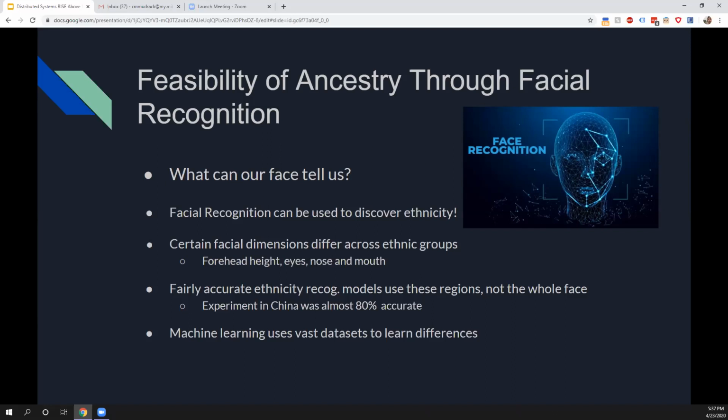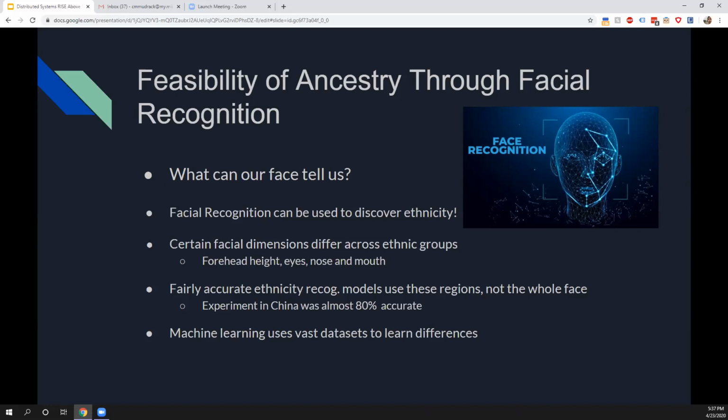There's an experiment done in China in 2018 across 3 different Chinese ethnic backgrounds, so still almost a sub-ethnic background, that was almost 80% accurate just using specific regions of the face. And that's where this type of facial recognition differs from the identity recognition or biometric facial recognition that we use.